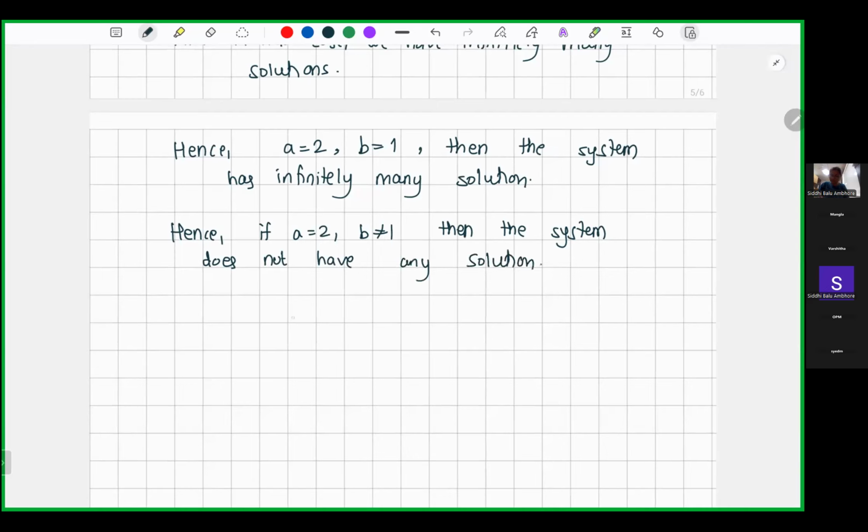Because in that case, if a solution exists, say x naught, y naught, then 2x naught plus y naught becomes 1, and 2x naught plus y naught becomes b, which we are saying is not equal to 1.